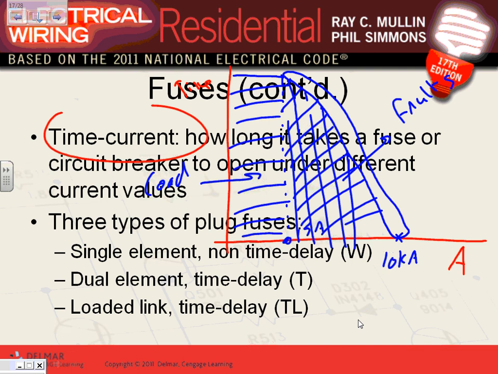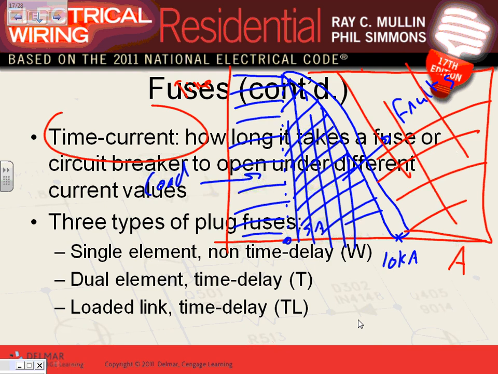So if you are in the load range, you're protected. And if you are in the short circuit or the ground fault range, you're protected up to where? Up to this point. Now take this: if you're in this range here, you're doomed. That's where smoke starts coming out, yeah?